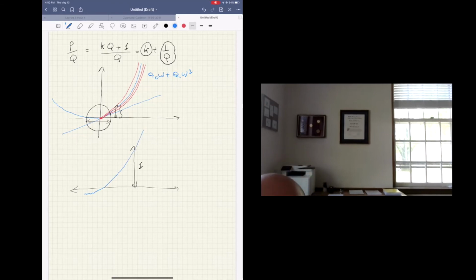But whether I see something multivalued or not in the limit depends on the relative size between this difference and this difference.